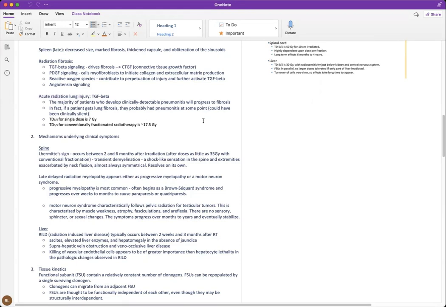The other way is, if someone got fibrosis later on, they probably did have pneumonitis earlier on, but it might have just been clinically silent. I don't remember being asked specifically what these doses were, so I don't think you need to know them.